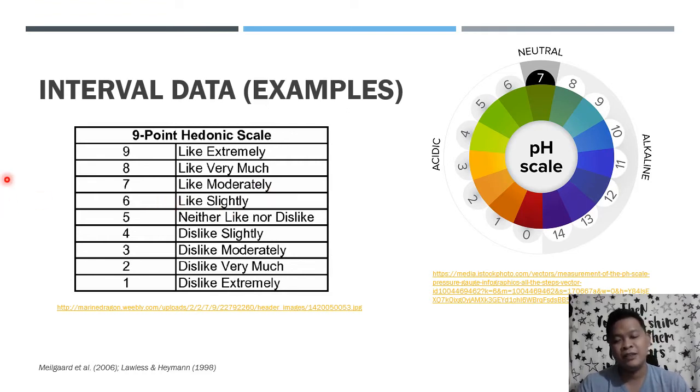So take note that if you would try to translate this into, let's say, Tagalog, then you would probably end up with a scale that is no longer interval in nature, because you used words that weren't tested for their psychological difference.